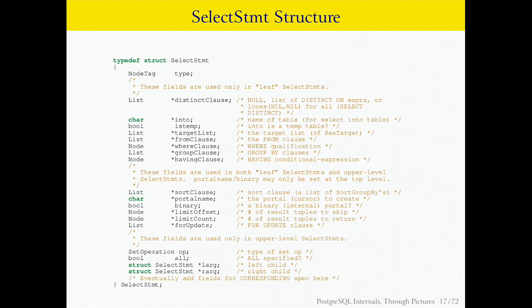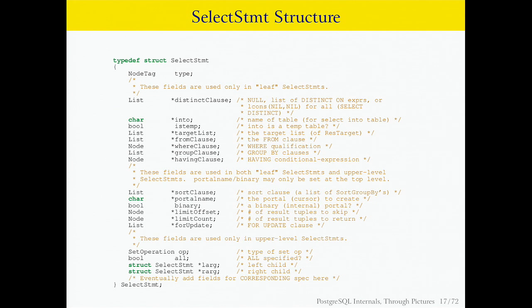This is the select statement structure that's referenced here, and you can see a whole bunch of things that look very similar: our from clause, where clause, group by, having, sort clause, limit clause, for update clause, distinct clause, temp clause, into clause. So pretty much every clause that you can optionally have in a select has a separate member of this select statement structure.